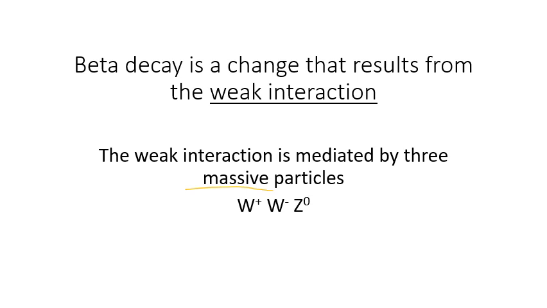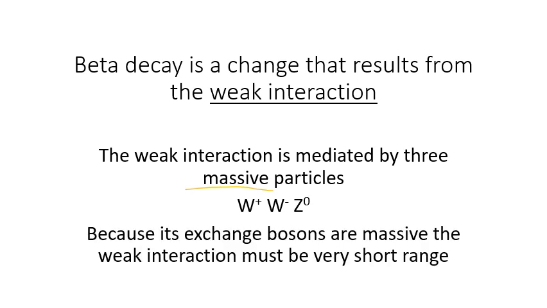It's sort of the mass of a gold atom. Massive as in having lots of mass. And as we met in the last lesson, the mass of the exchange particle determines the exchange's range. And because these have got a very large mass, the range of the weak interaction must be really short.